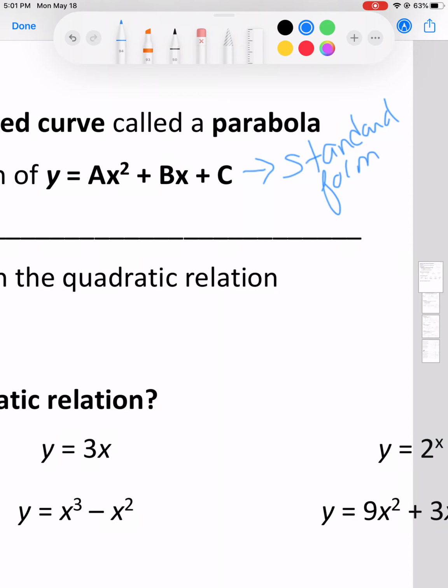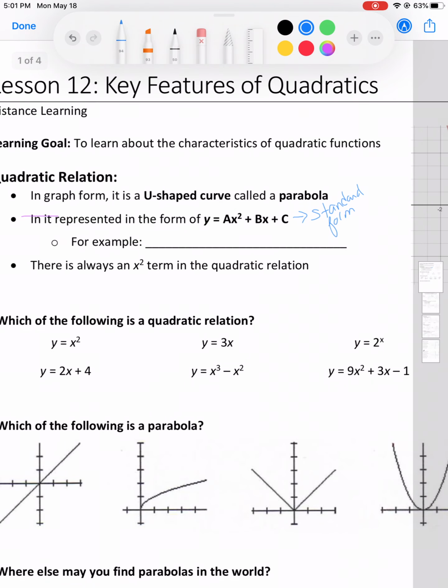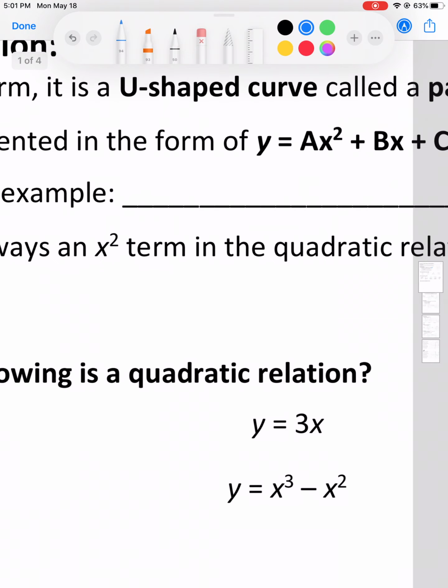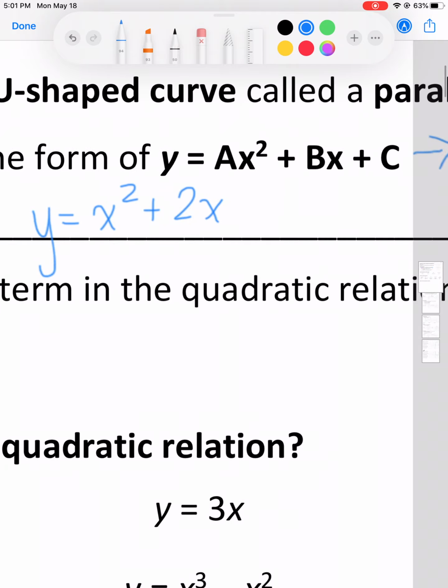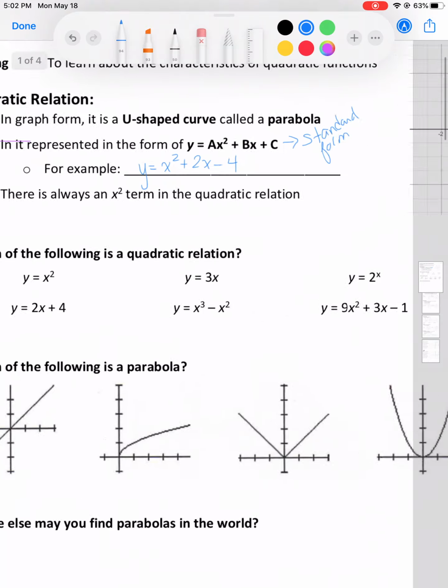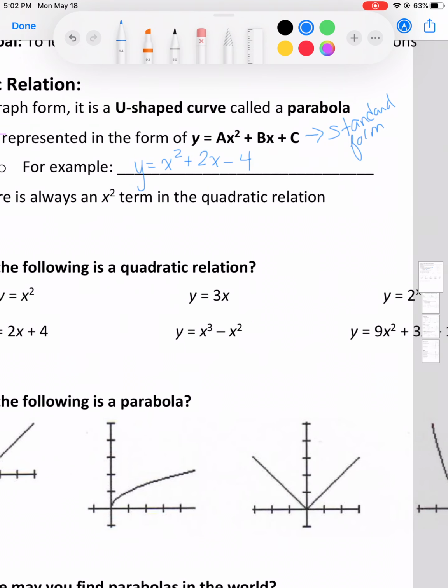Okay, so for an example, we can have so many different things. It could be y is equal to x squared plus 2x, let's throw a negative in there somewhere, minus 4. Okay? Just an example. And what we would do is take this equation and graph it.